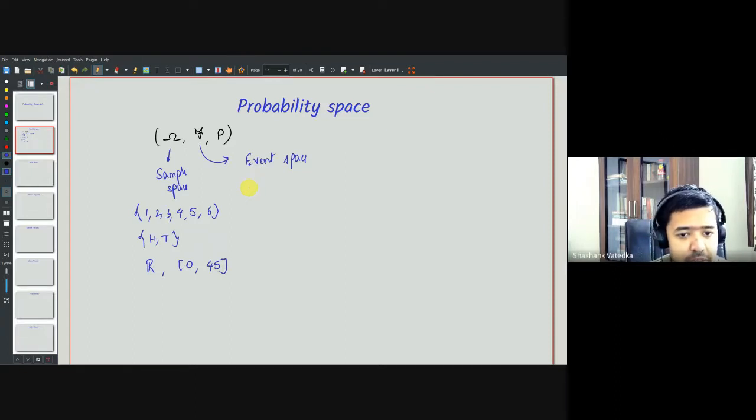Now, if the sample space is finite, so for example, in the case of rolling a die or in the case of tossing a coin, typically the event space in consideration is the set of all subsets of the sample space. So if omega is finite, then you typically take F to be the set of all subsets of omega.